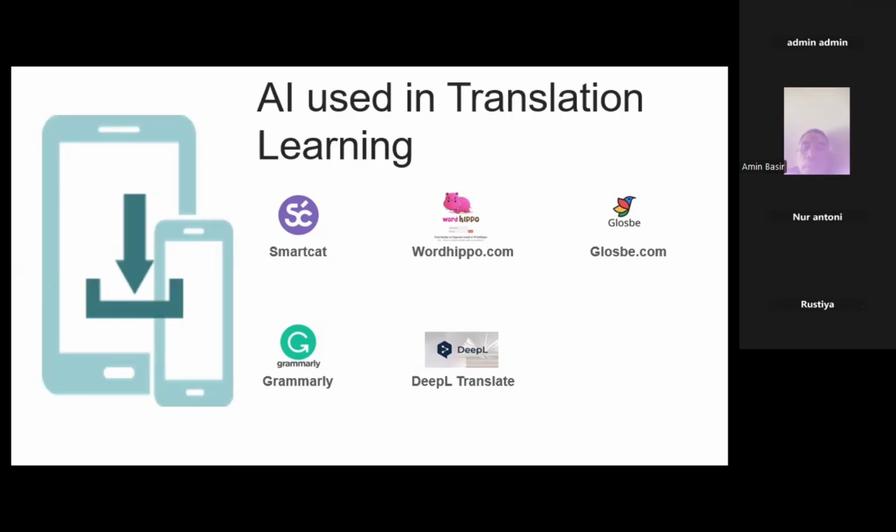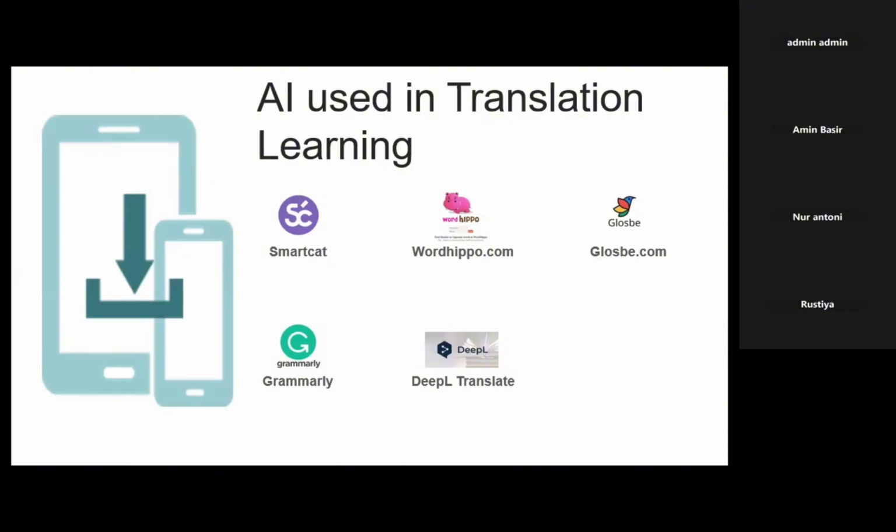Of course, in SmartCat, you have to sign in first, and then there are parts where we type some text and translate it, and after we press OK or enter, the AI will give a checklist if all of the words are suitable or match.